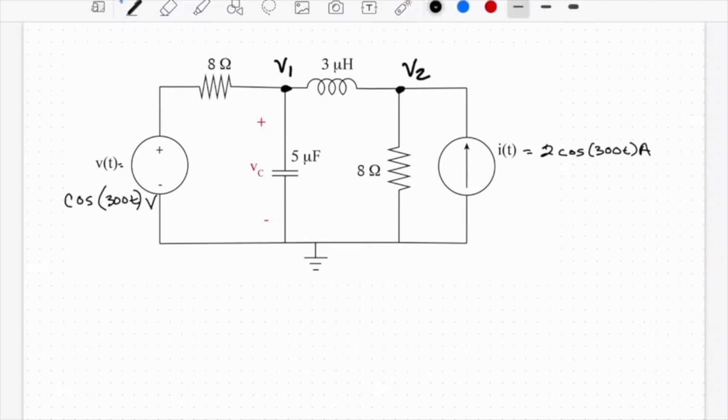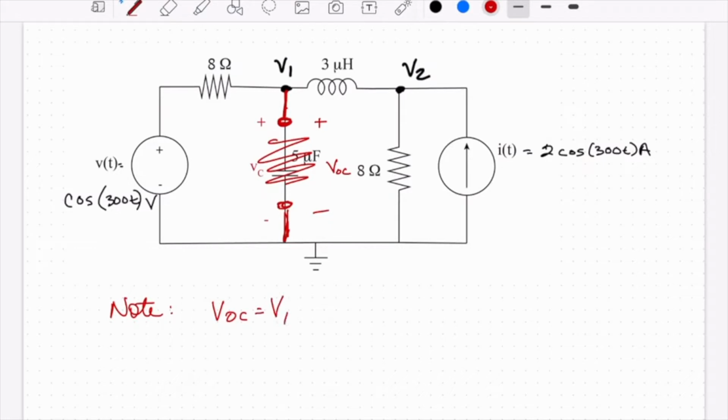I'm going to sketch it in. If we remove that capacitor, that is the open circuit voltage, VOC, and that is V1. So we'll just write that down, note that VOC is equal to V1.